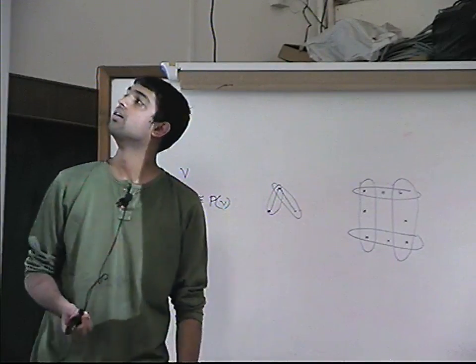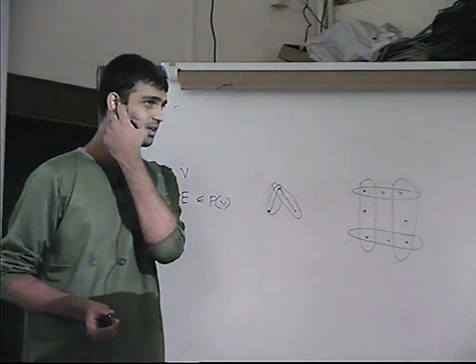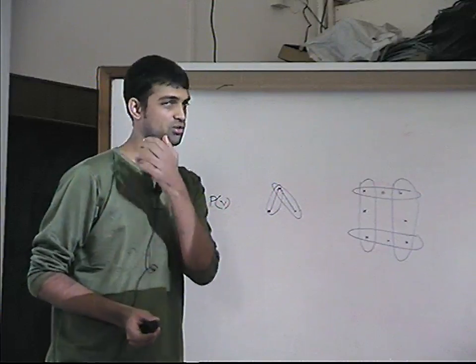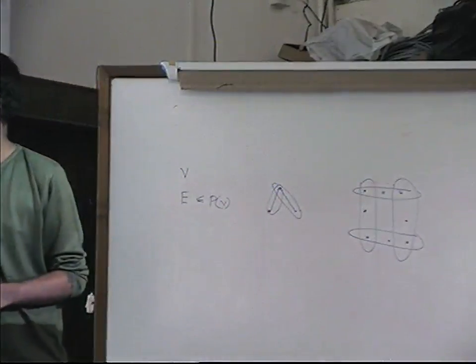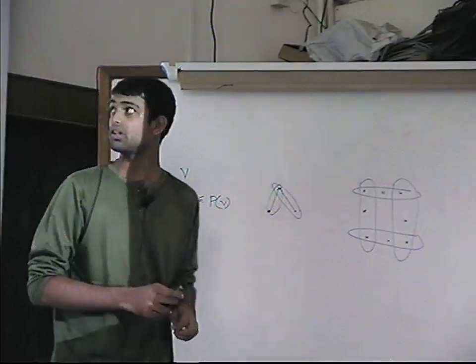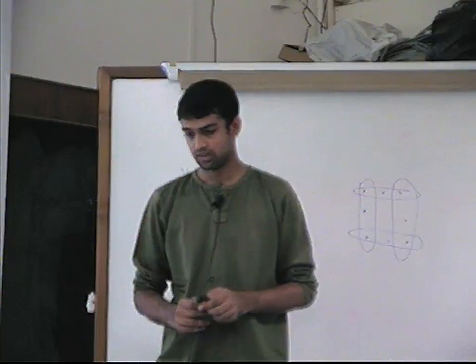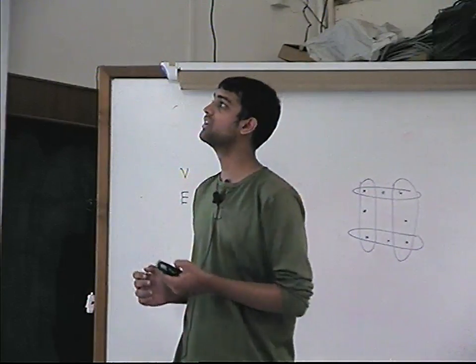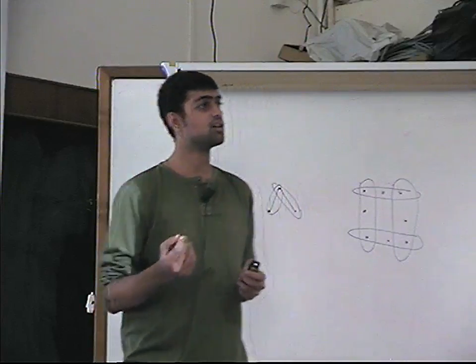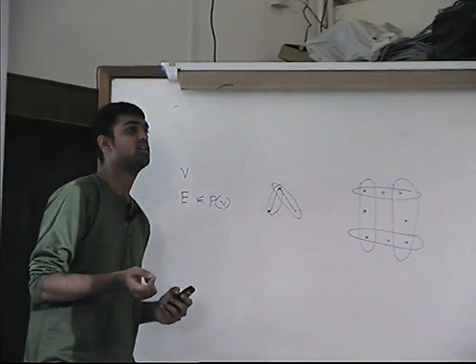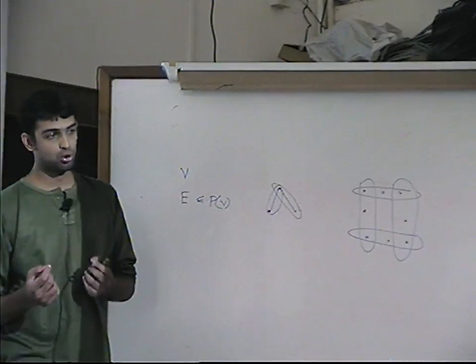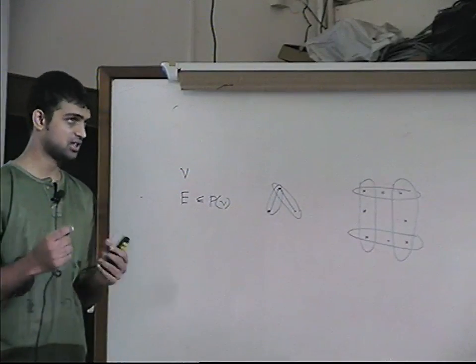So, has everybody encountered graph coloring before? Okay, I'll just define it again for people who have not. So, the graph coloring problem is one where I assign colors to the vertices such that no two vertices which share an edge have the same color.